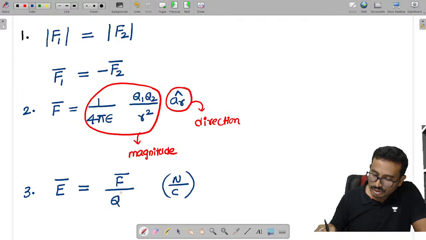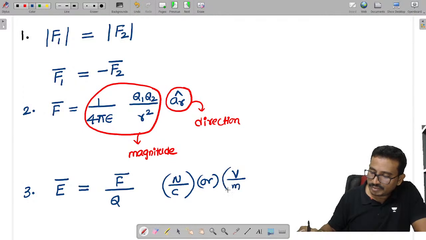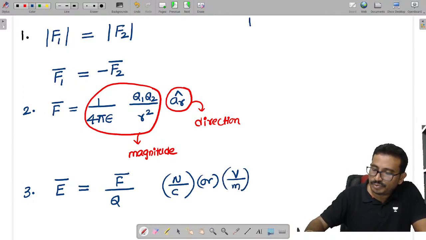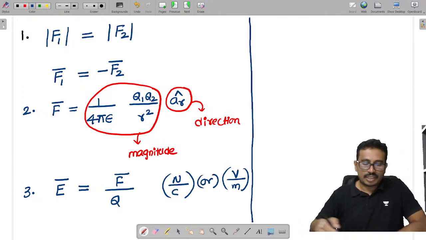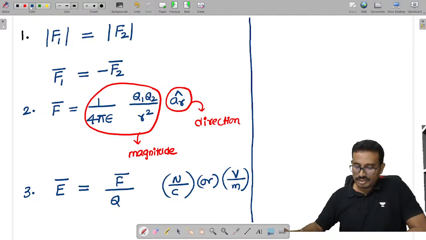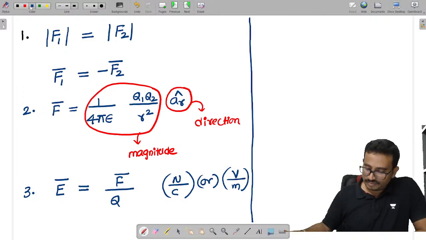The units are newtons per coulomb, and we have another unit for electric field, that is volts per meter, and we mostly use volts per meter as a unit. Right? This is the electric field intensity.